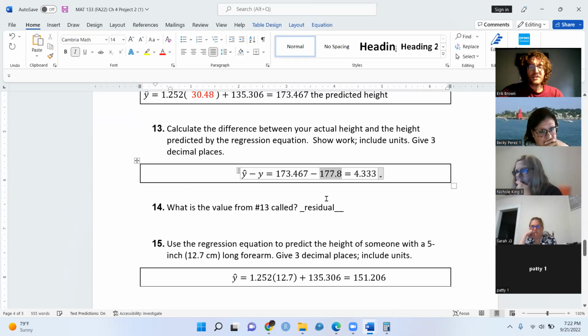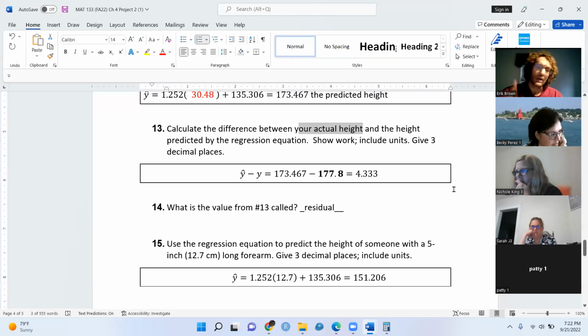Are you wondering where this number came from? Yes. I made that up. That's, in quotes, how tall I am, so it's my actual height. If you know your actual height, toss it in there. If you want to use my height, toss it in there. That's the other tricky part about this. Okay. Other questions?